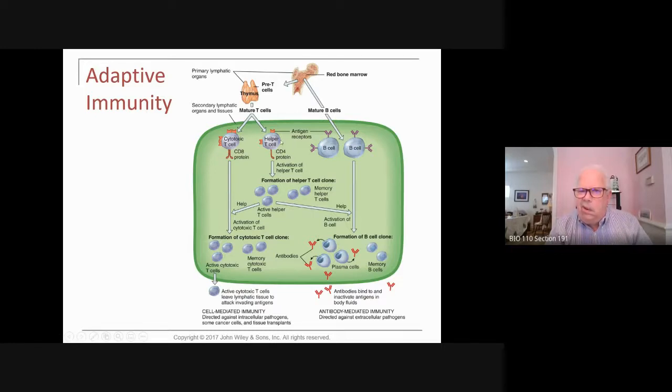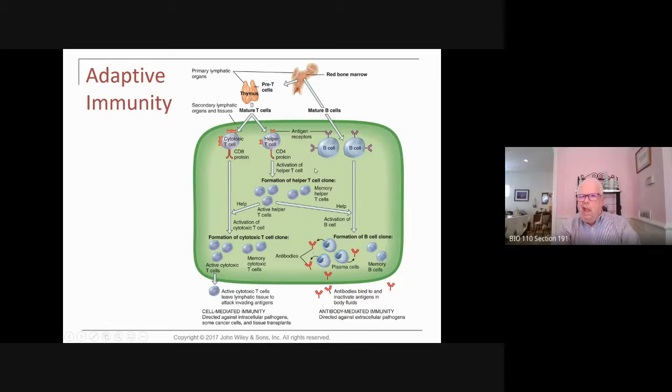So what is watched in a person who is HIV positive is the amount of CD4 cells. That's what's important. Remember, CD8 cells are cytotoxic and they kill things. CD4 or helper cells, they produce antibodies which kill things.